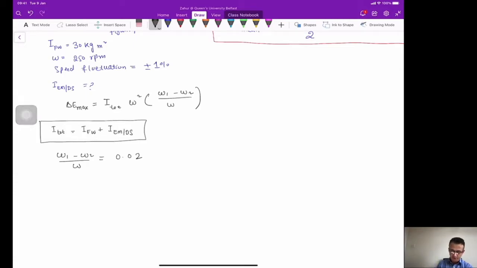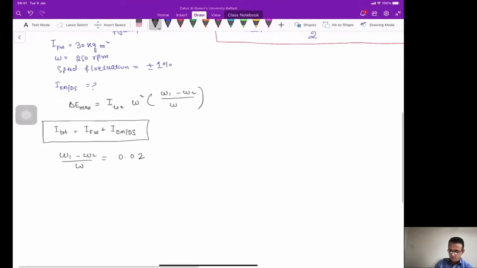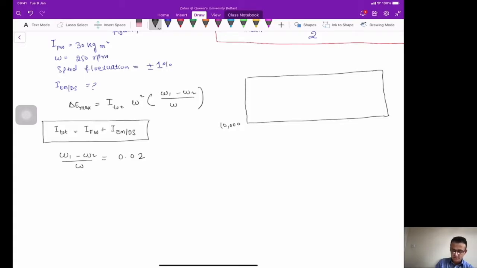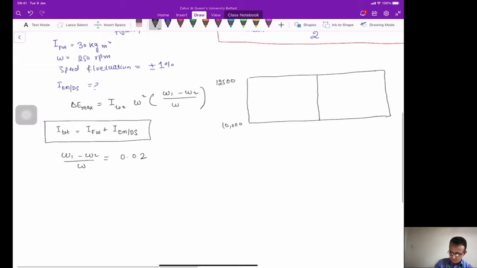the overall torque diagram. So if you want to draw the overall torque diagram again here, this was how it looked. It was 10,000 here, and 12,500 here, and you can split this into different angles here.